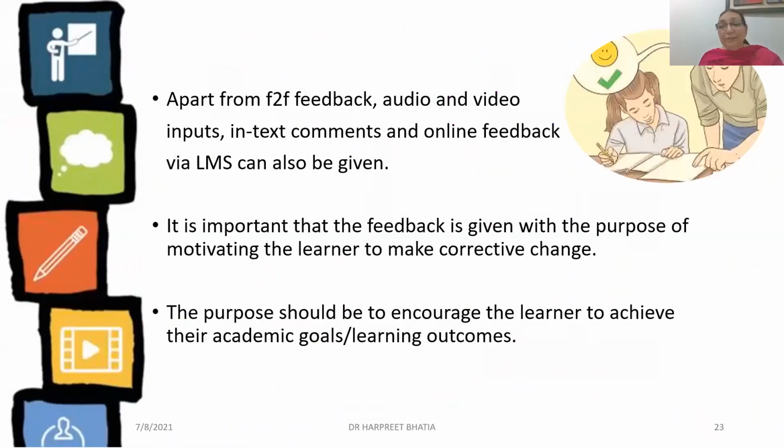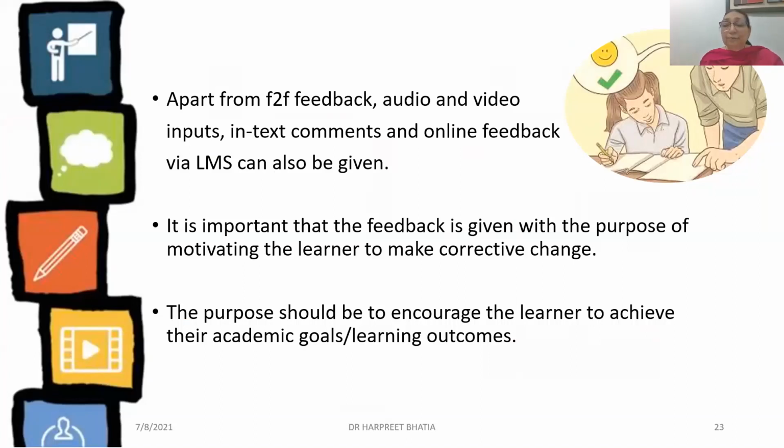Besides the face-to-face feedback, feedback can be given in other ways. It can be given in the form of audio messages or video messages. For the work that the student has uploaded on the LMS, you can give in-text comments. You can also use the quiz or the MCQs that you have given, where the responses are there on the LMS for the student to see.